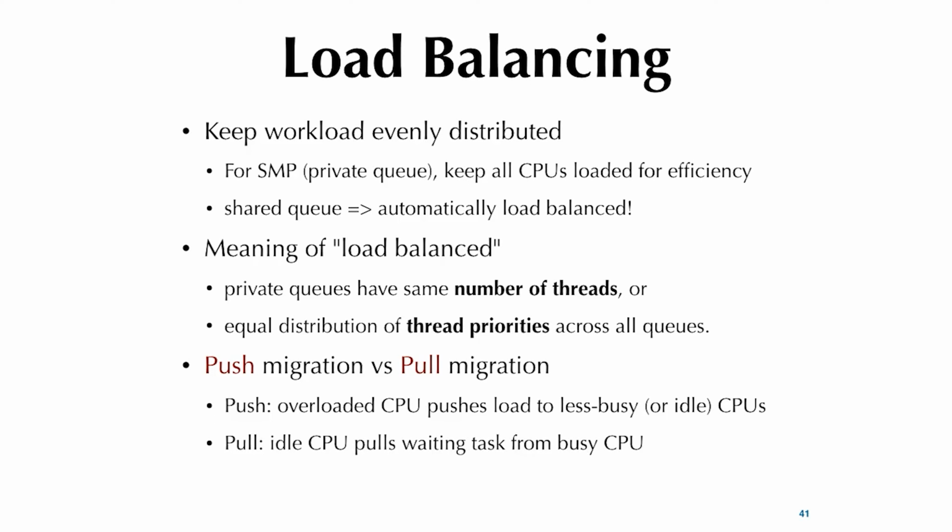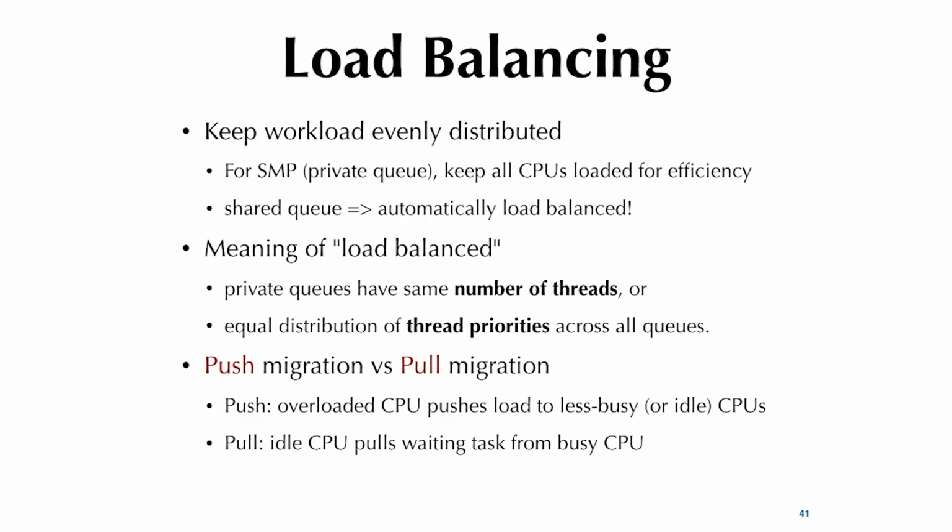And so if you're using the symmetric case, that means each has its own queue, then they would each try to keep the CPU loaded, but then that means they could run out of some process to schedule. If you have a shared queue, you don't really need separate load balancing. Why? Because when a CPU runs out of work to do, is idle, well, you just go pull the next one from the shared queue, right?